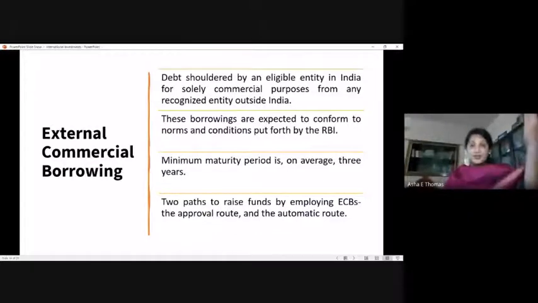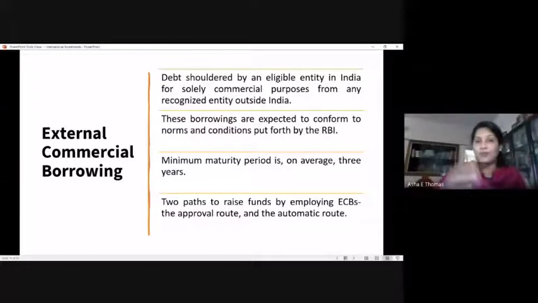So here I have put that it is debt shouldered by an eligible entity in India, solely for commercial purpose, from any entity outside India. You are taking financial assistance, or borrowing money from a foreign market, and external commercial borrowings are very common.